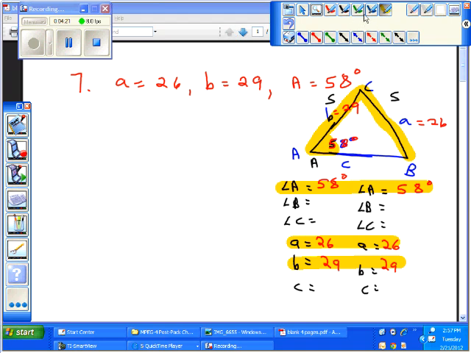Now, the thing in this particular problem that is variable is really how long little c is. See, it's not locked in. And how many degrees angle C is.